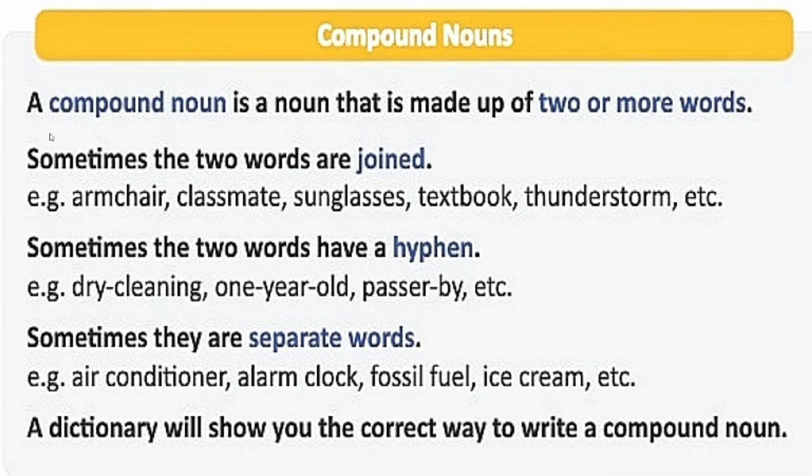A compound noun is a noun that is made up of two or more words. Sometimes the two words are joined. Example: armature, classmate, sunglasses, textbook, thunderstorm. Or sometimes the two words have a hyphen. Example: dry cleaning, one year old, passerby. And sometimes they are separate words. Example: air conditioner, alarm clock, fossil fuel, ice cream.